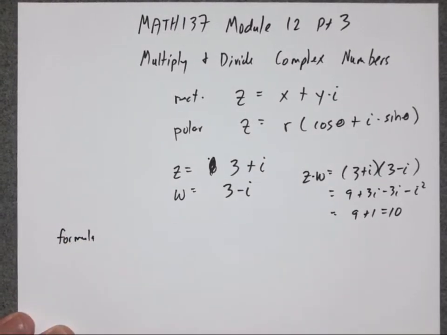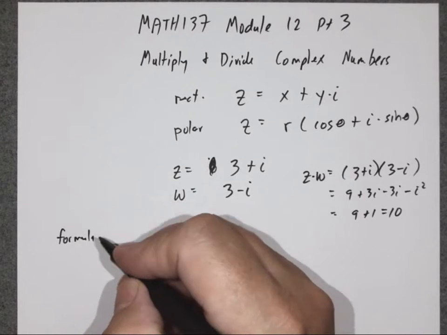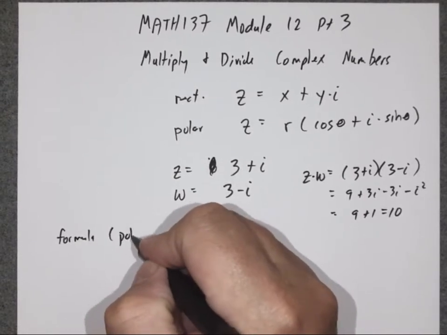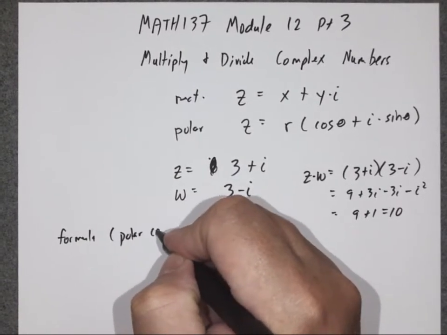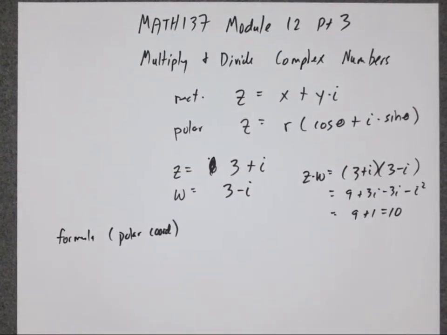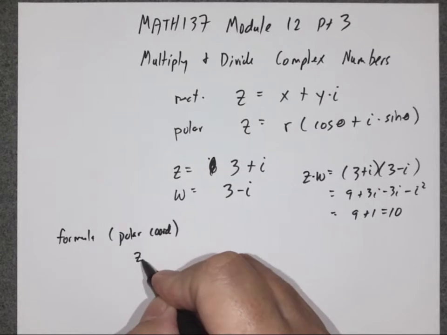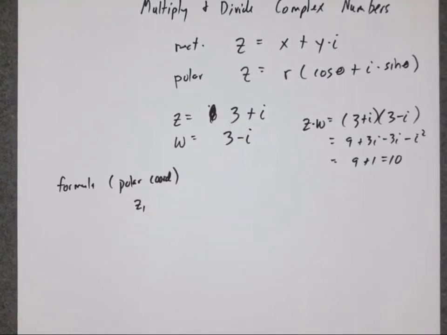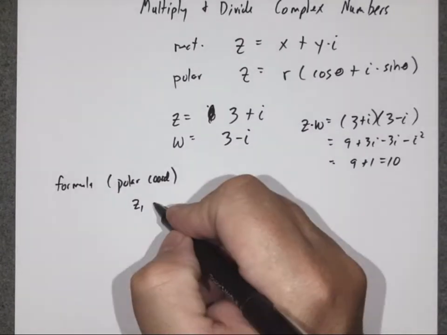So let me give you the formula, both for multiplying and dividing, when the complex numbers are in polar coordinate form. The easiest way to do this is I'm going to call my first complex number z1.